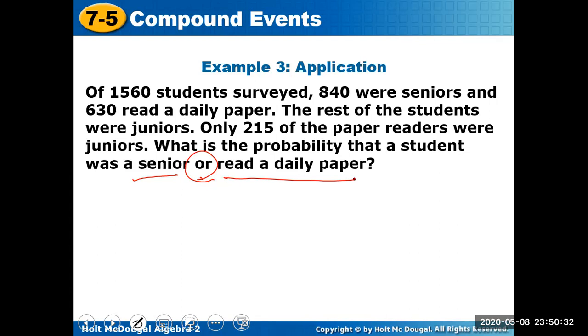First of all, it's simpler to solve this question by representing them using a Venn diagram. So if I represent this using a Venn diagram, I need to collect all the data from this question. So in total there were 1,560 students, right?